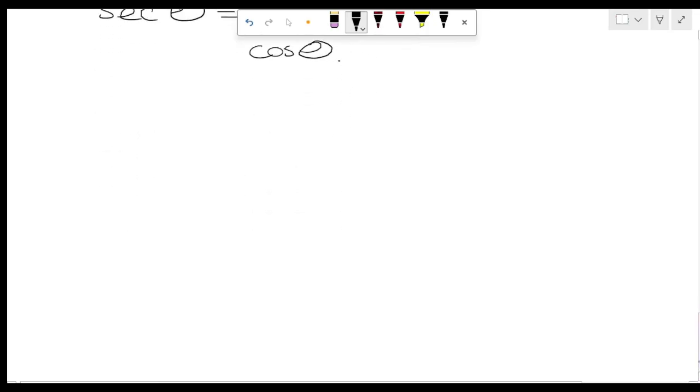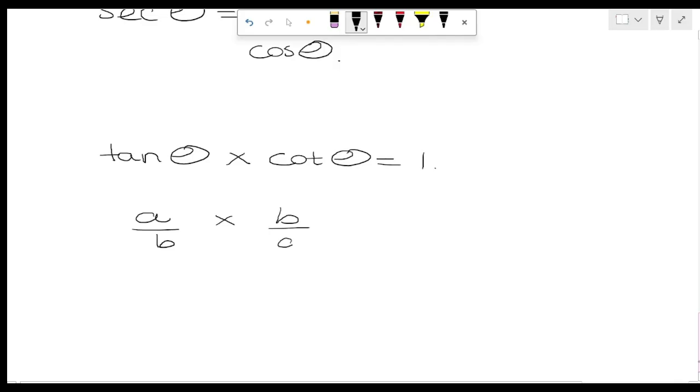So we can write tan theta cross cot theta is equal to 1. But the value of tan theta is A over B cross B over A, and A gets cancelled along with B, so that gives us only 1.